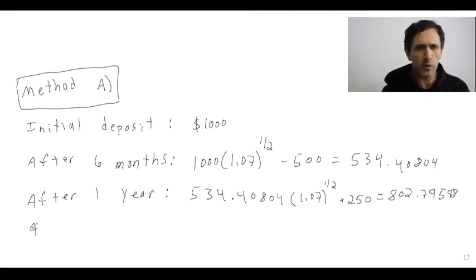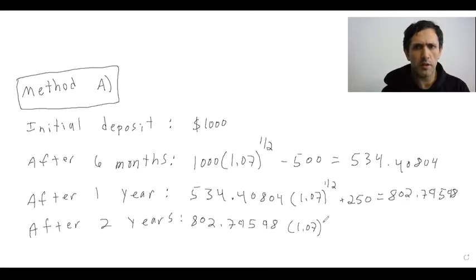Okay, so after 1 more year, well, this 802 and roughly 80 cents accrues 1 year of interest. So it's 1.07 to the 1. Well, writing 1.07 to the 1 is a bit silly. So it doesn't do anything.